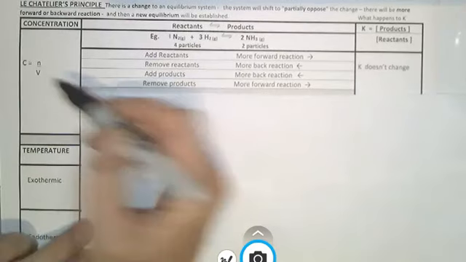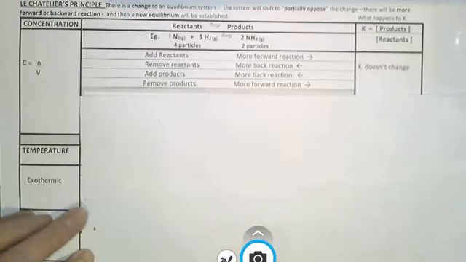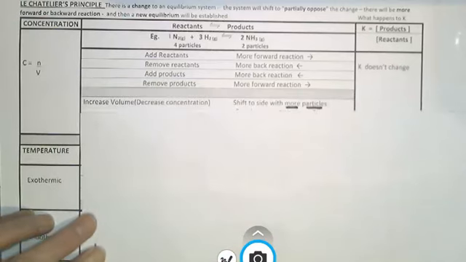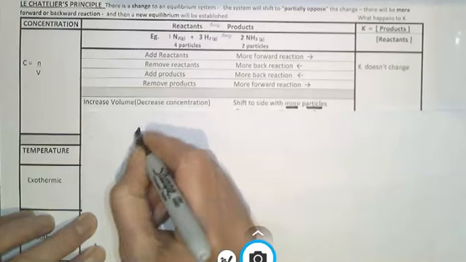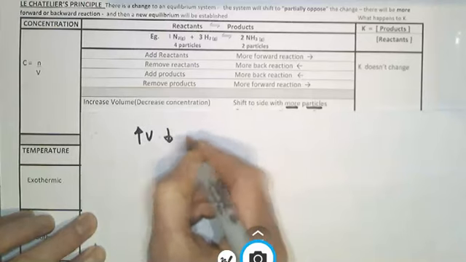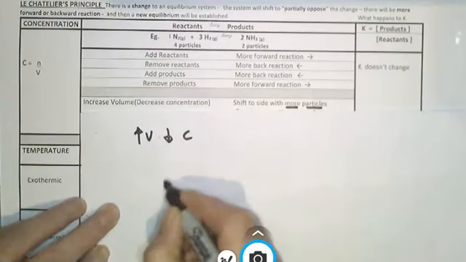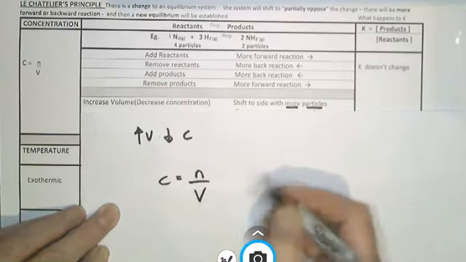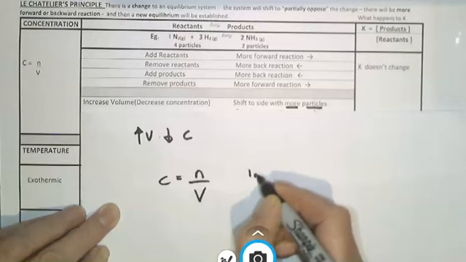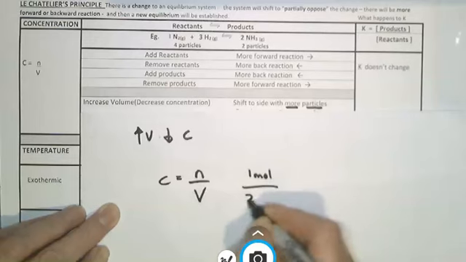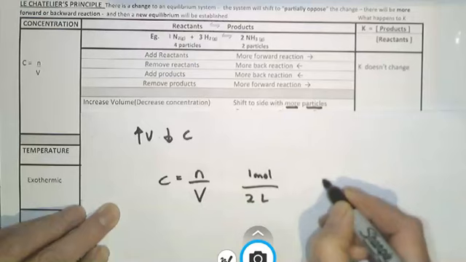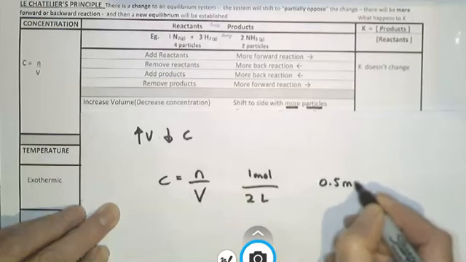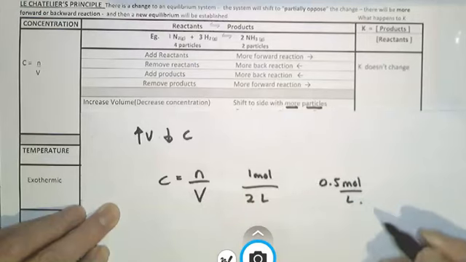Okay, so the other way we can change it is if we change the volume. So if we increase the volume, we decrease the concentration. So concentration is number of moles in the volume. If I have 1 mole in 2 liters, then my concentration is half a mole per liter.